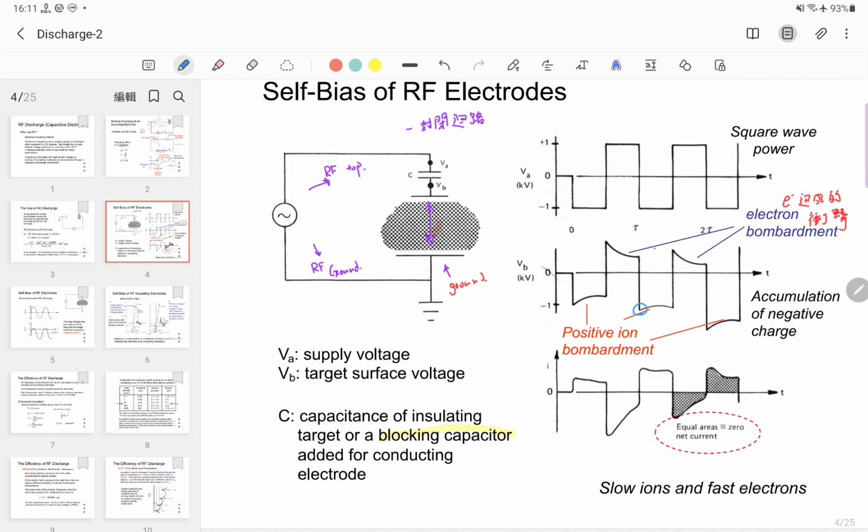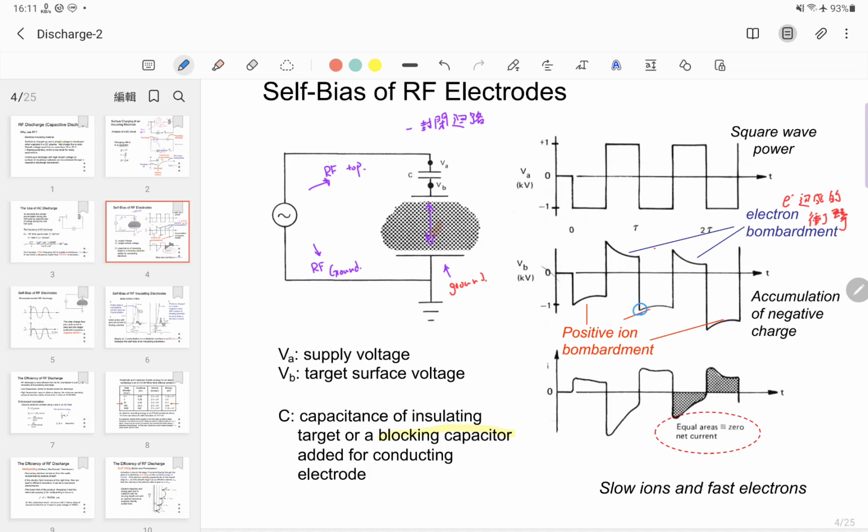But in the negative cycle, the bias voltage is much larger than in the positive cycle. So the top electrode becomes the effective cathode, and the ground electrode becomes the effective anode.